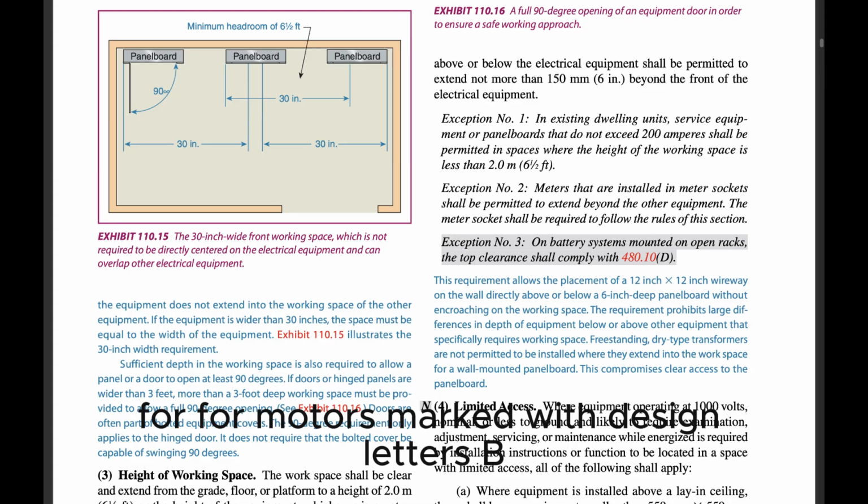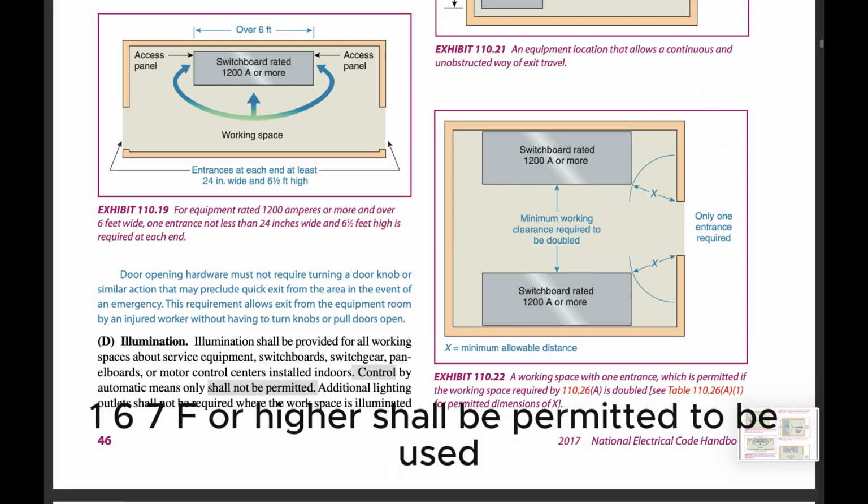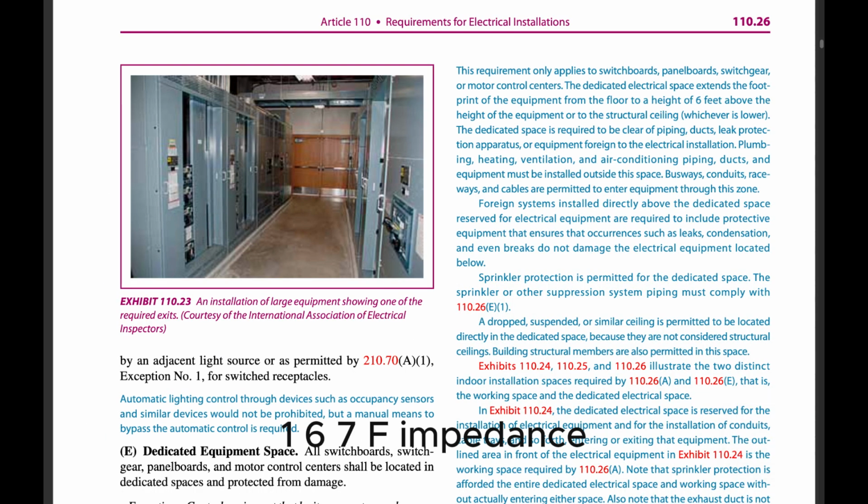(4) For motors marked with design letters B, C, or D, conductors having an insulation rating of 75°C (167°F) or higher shall be permitted to be used, provided the ampacity of such conductors does not exceed the 75°C (167°F) ampacity.